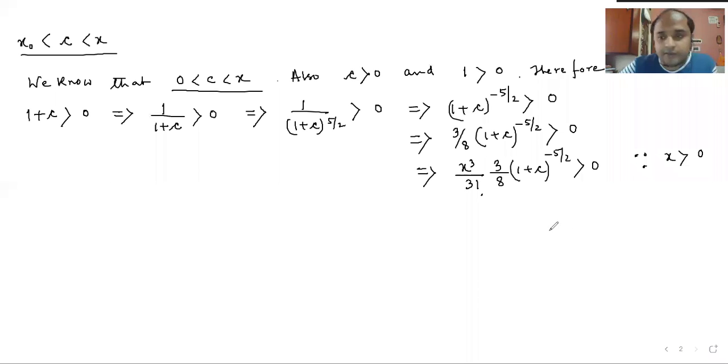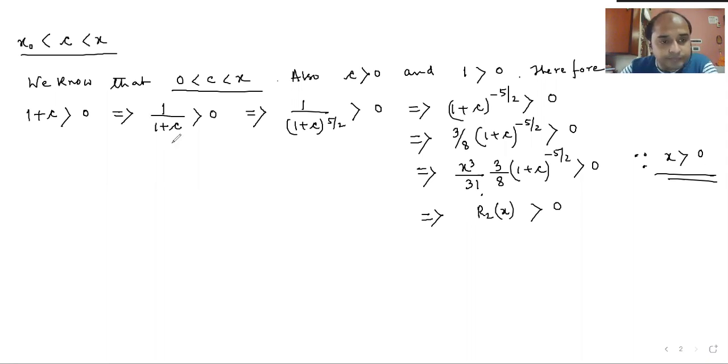Otherwise it will not come. If x is not positive, then the product can be negative also. Since x is positive, it is given in the question, all these items which I have written over here are positive. And if you carefully observe, that is your R2x. So your R2x is positive.